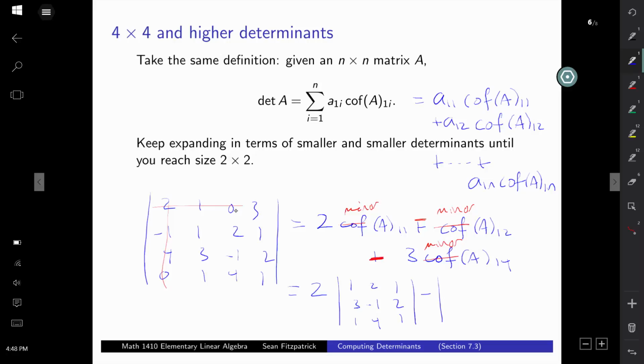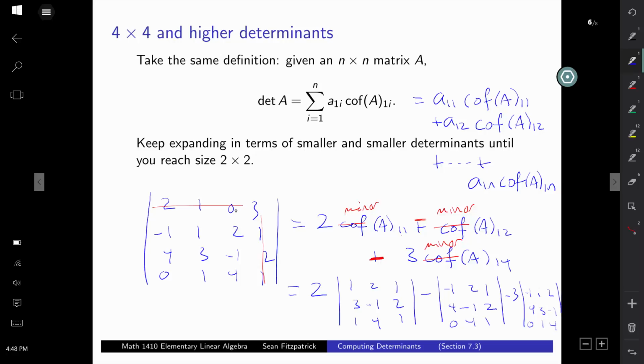And then I subtract, so if I did row 1, column 2, I'd be left with minus 1, 2, 1, and then 4 minus 1, 2, 0, 4, 1, and then minus 3 times, I'm barely going to make it in, times this last guy, right, minus 1, 1, 2, 4, 3 minus 1, and 0, 1, 4.